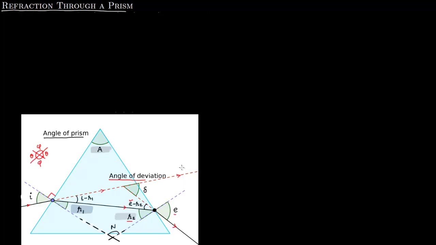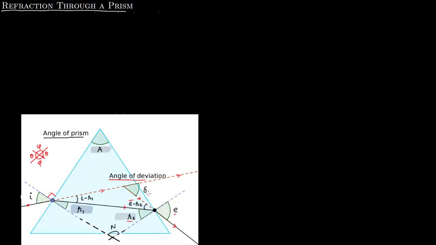Because of the prism, the light goes in this direction. So delta is the change in the direction of the light. Originally the light would have gone in this direction, but because of the prism, the light is going in this direction. It enters here and it exits here. So delta is the angle of deviation in the direction of the light.